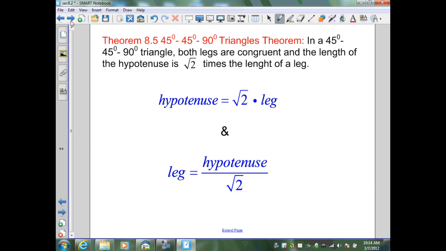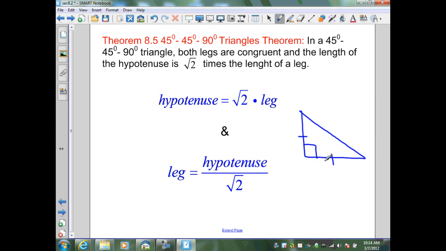Theorem 8.5 verifies that thread through a 45, 45, 90 triangle. In a 45, 45, 90 triangle, both legs are congruent, and the length of the hypotenuse is square root of 2 times the length of a leg. Therefore, if I'm given a 45, 45, 90 triangle, in other words, an isosceles right triangle, I know the legs are congruent.